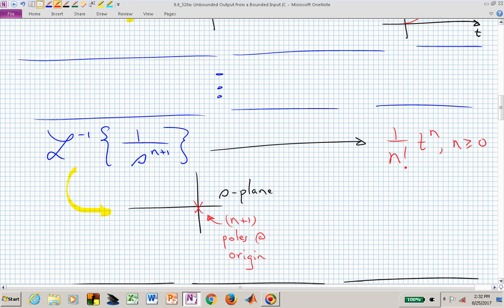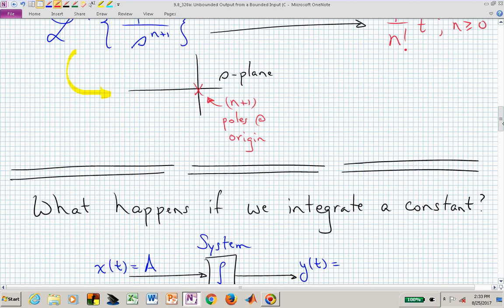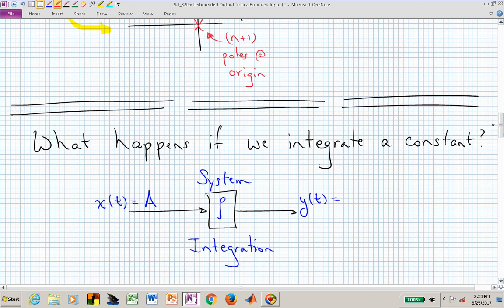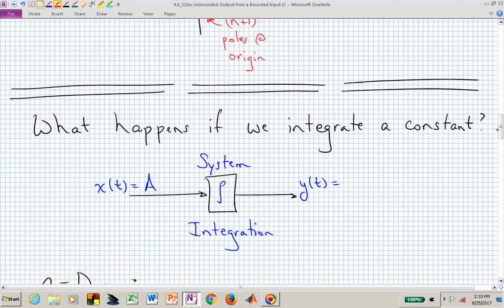We really are just continuing to put a t in front of it for every pole we stack on top of the original poles at the origin. Now if we have n plus 1 poles at the origin, we have t to the n in terms of time response behavior. Let's look at that then in terms of input waveform and system characteristics.